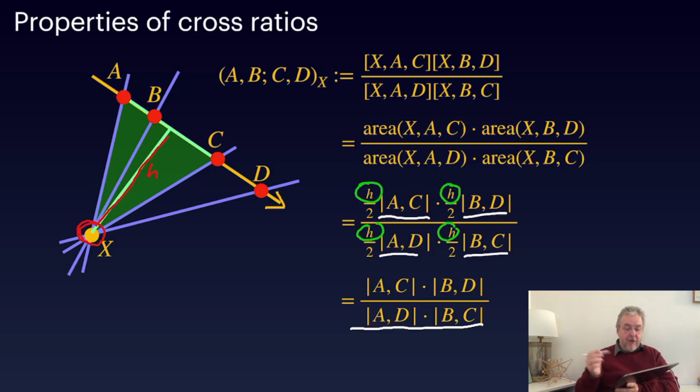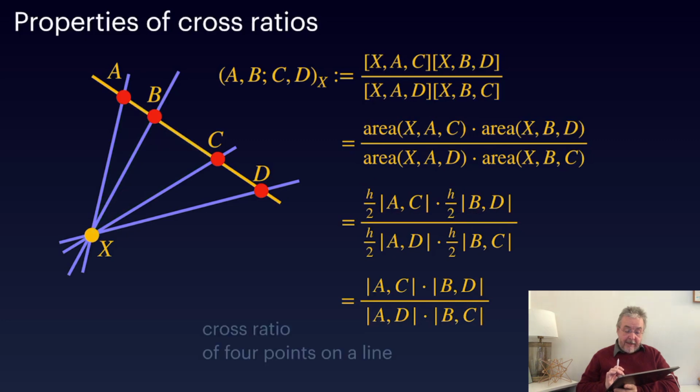Once more, important fact, this only works as long as those 4 points are really in a collinear position. So after all, we have shown that the cross ratio is independent of x if we have 4 collinear points, and we can speak of the cross ratio of 4 points on a line.